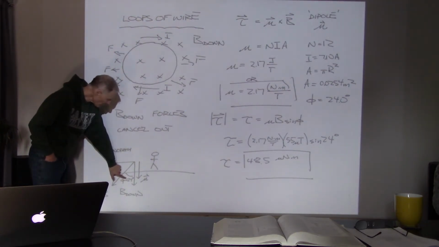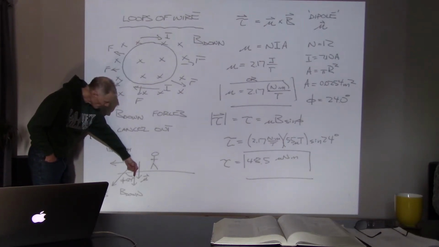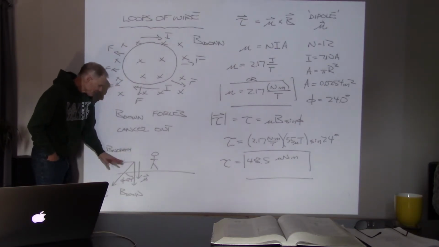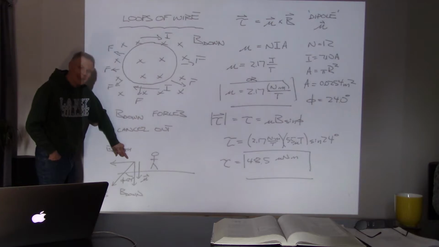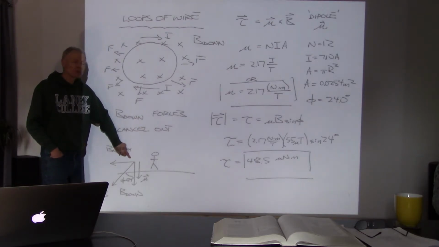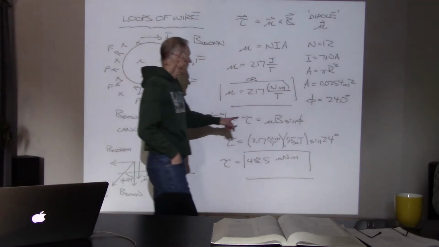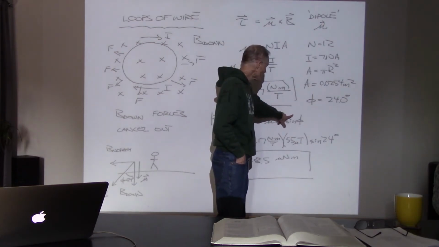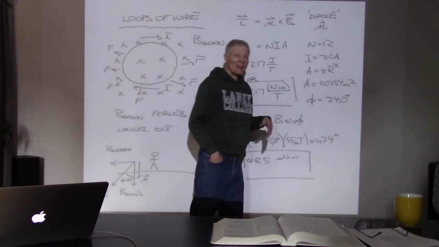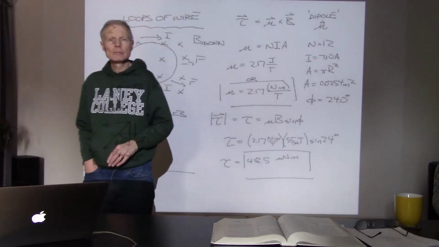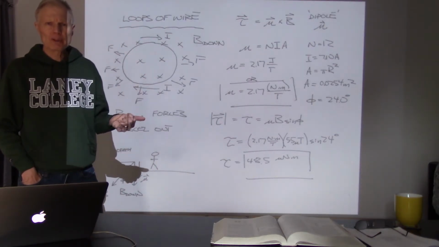So it's this angle I want. This is where the magnetic field is. This sine of 24 degrees is what I want. Well, that's the same thing as just picking out the north component. So this part right here, the magnetic field times the sine of 24 degrees, that's the north component that we looked at on the previous page.